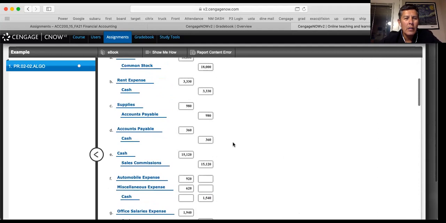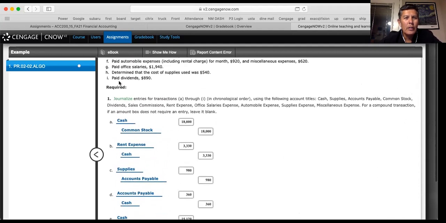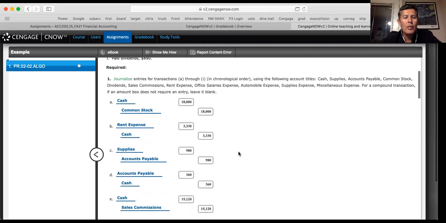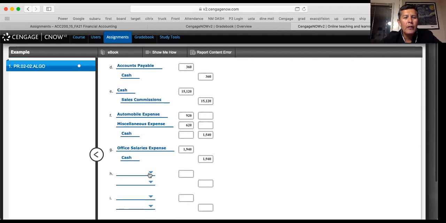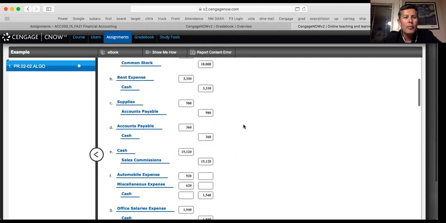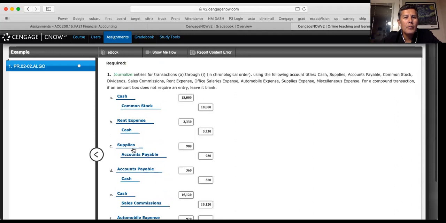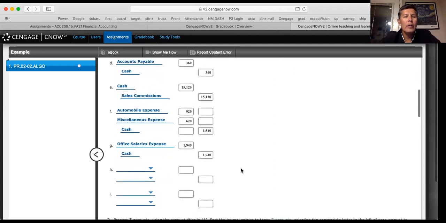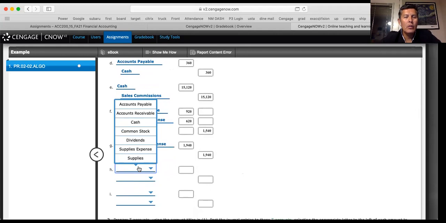Next one, H looks like determine that the cost of supplies used was $540. So supplies. Now we figured it out. Remember up here, we bought supplies and this went to our supplies account. Now we found out that we used it, so we're recognizing it.